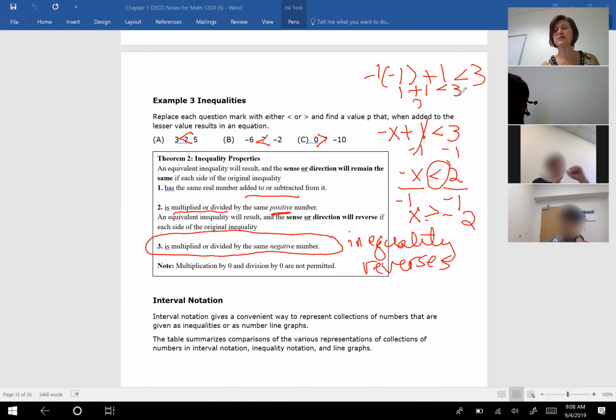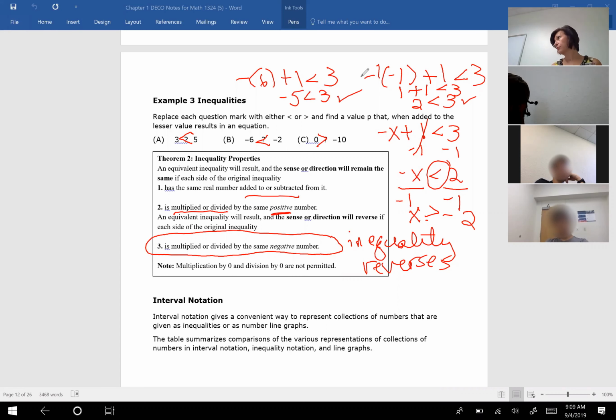And that tells me 2 is less than 3, and that's true. Let's try something that's a lot bigger than -1, like maybe 6. So if I were to try putting in a 6 for x, that turns into -6 plus 1, which is how much? Is -5 less than 3? Okay, so we know this answer is correct.